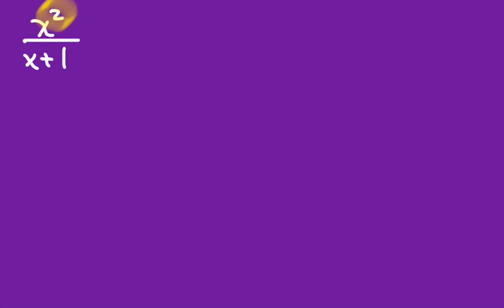So in this case, it's 2, and in the denominator's case, it is 1. And so horizontal asymptotes base their whole universe around the relationship of the degrees of the numerator and denominator.